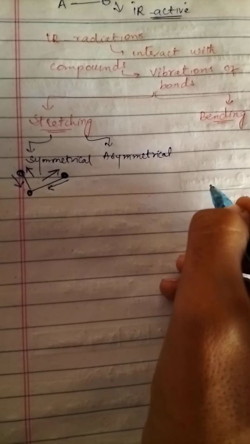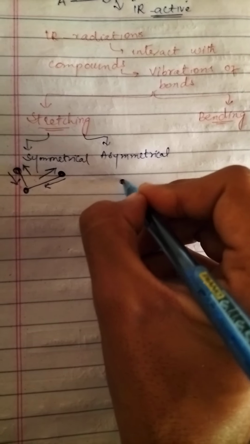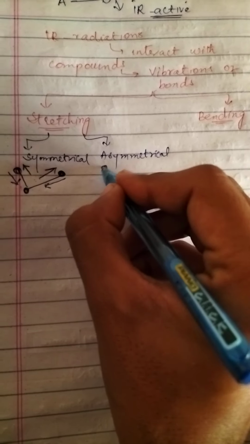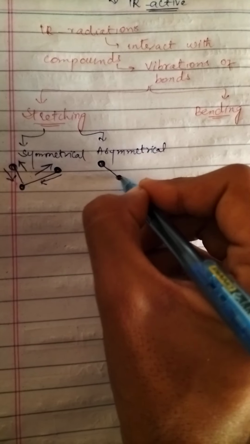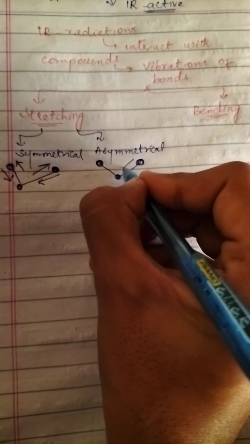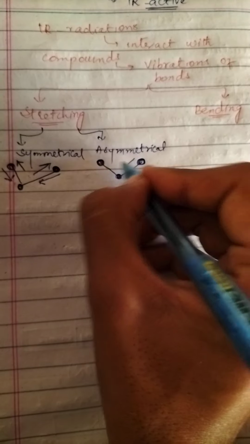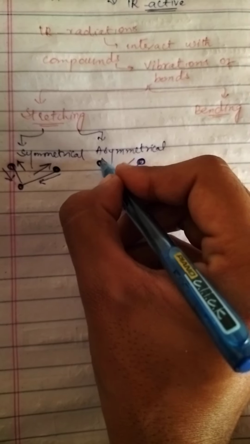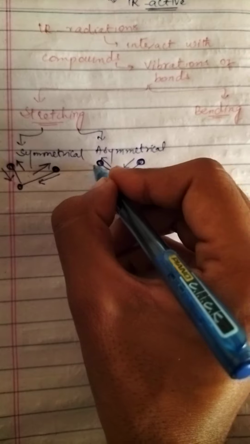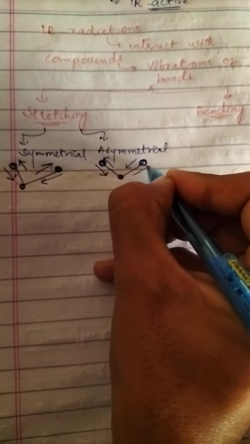This is the symmetrical stretching. Asymmetrical stretching: let's consider here is an atom through which two other atoms are attached, and one of the bonds is stretched downward and the other is stretched upward. This is the asymmetrical stretching.